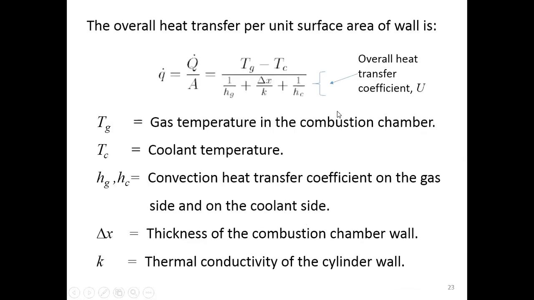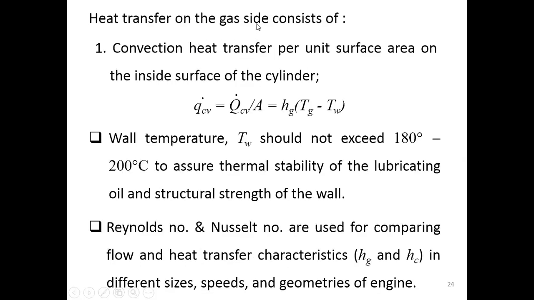Here we talk only about the gas side, so it's the temperature of the wall. So if you want to calculate this, you have to find the temperature of the wall.